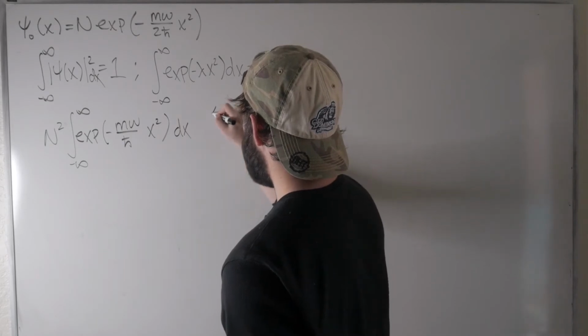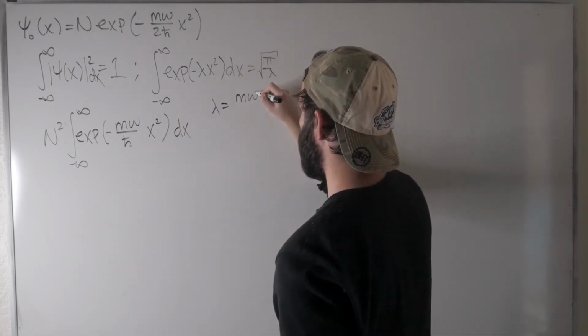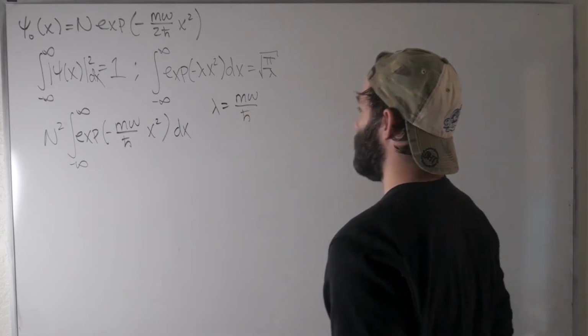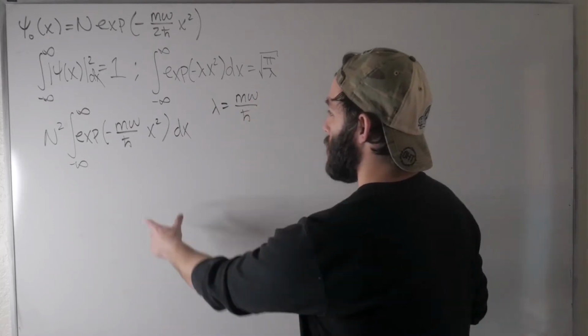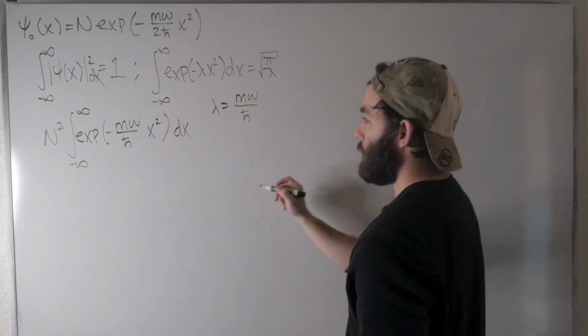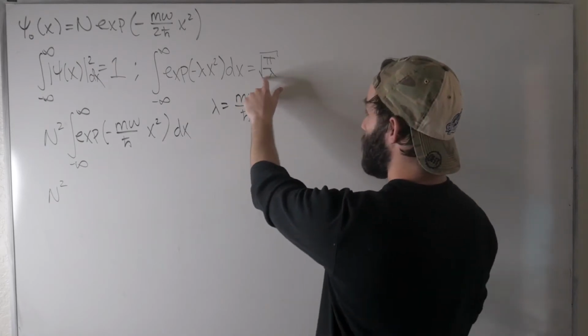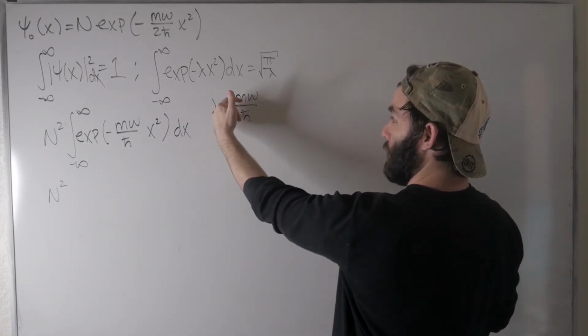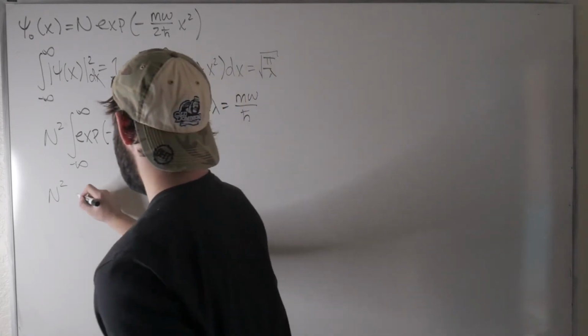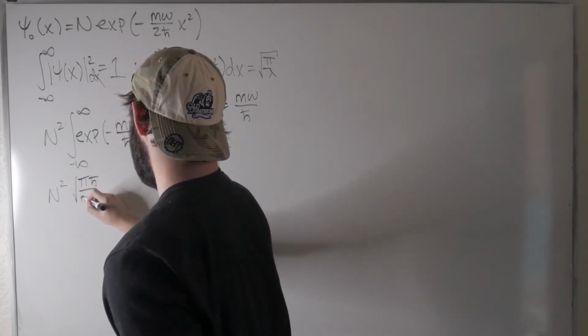So in this case, we have that lambda by pattern matching is going to be m omega over h bar. So if we do this integral, we know that the solution should be root pi over lambda. So we have N squared times root pi over lambda. So this is just going to flip inside the square root: root pi h bar over m omega.